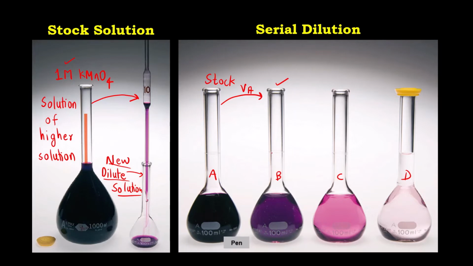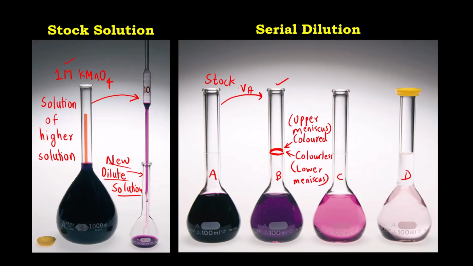For colored solutions we have to see the upper meniscus. There is an upper meniscus and a lower meniscus. For colored solutions we fill up to the upper meniscus, and for colorless solutions we have to fill up to the lower meniscus.